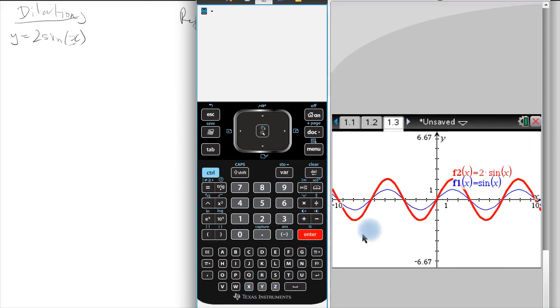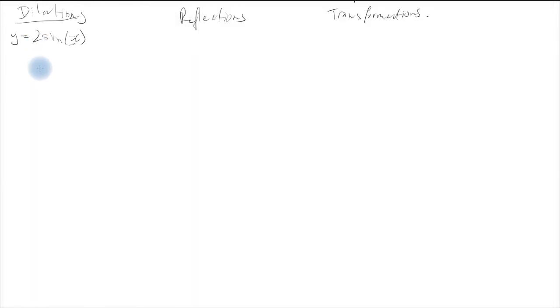There we go. So the thing that's changed is the amplitude, and the amplitude has increased to 2. Okay, so this number out the front here is a dilation from the x-axis of 2. So it's increasing the amplitude. So let's do a quick sketch of this. So that is now at 2 and minus 2, and it will look something like this.